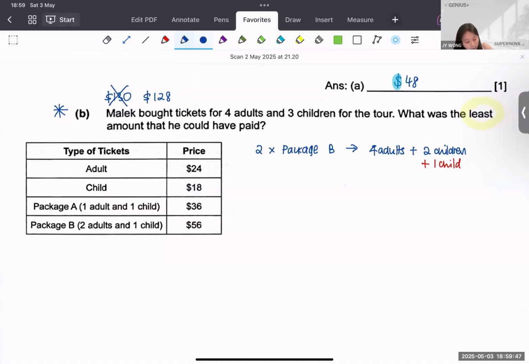So if you go by this plan, plan 1, the total cost will be $56 times 2, plus 1 child is 18. That is 112 plus 18, which will give you $130. Then you will say, I think this is the answer.